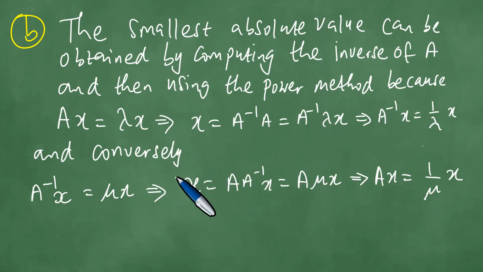But what is the significance of these? Well, given the matrix equation here, we can be in a position to estimate the eigenvalue associated with the smallest eigenvalue in terms of its magnitude.